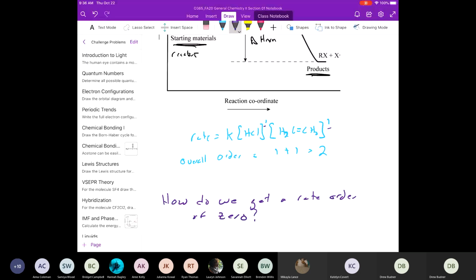How would we get a rate order with respect to a species to be 0, a specific reactant?